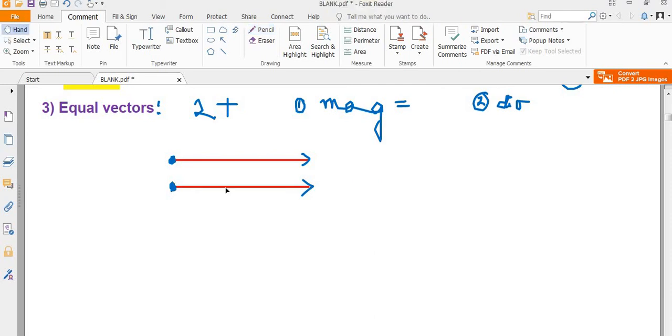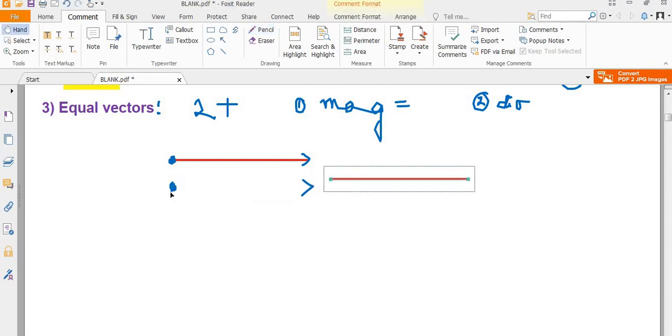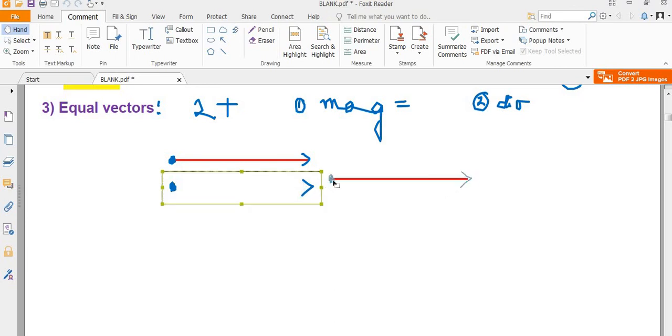If it had been somewhere here, then my initial point would have been here and my terminal point here. But you see, the direction is the same. This is also moving in this direction, and the magnitude is also the same. They do not lie on the same straight line, and they are not parallel or just beside each other, but they have the same magnitude and same direction. So these two vectors qualify as equal vectors.